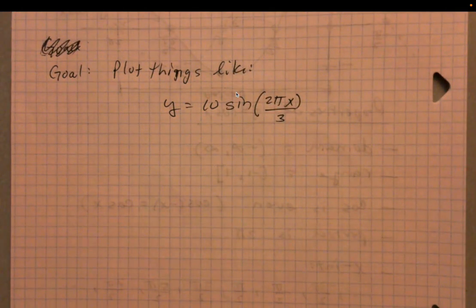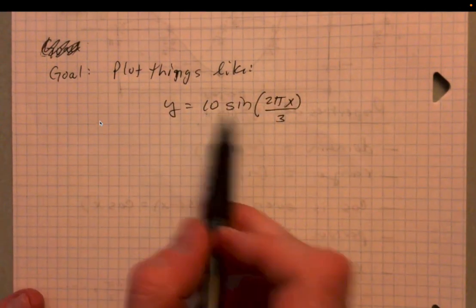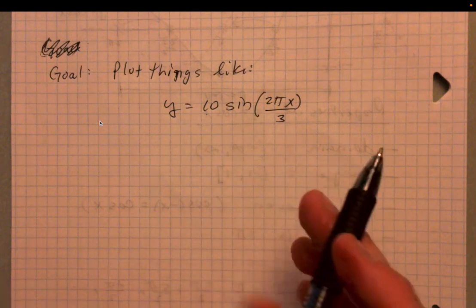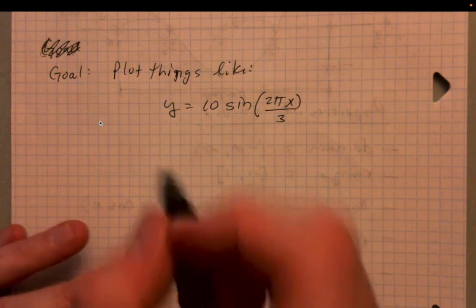This kind of function is going to have an amplitude piece and a period piece. So there's going to be an adjustment to how tall the sine function is in this case, and an adjustment to how quickly it oscillates, and so the length of the period.